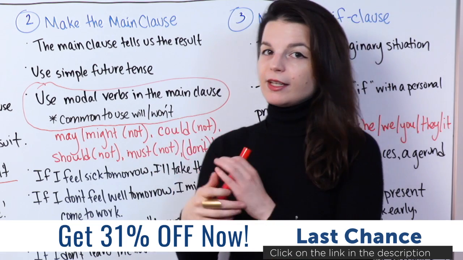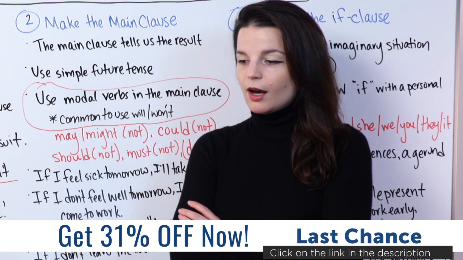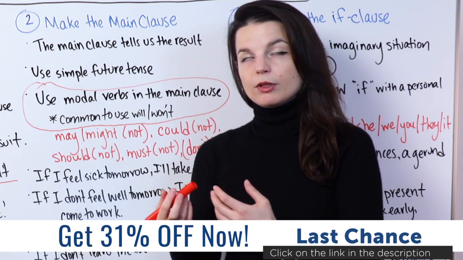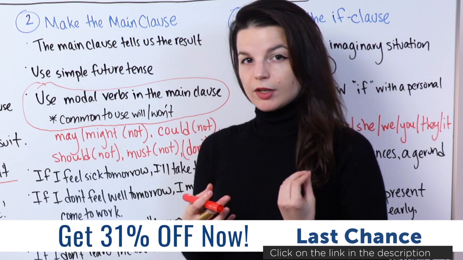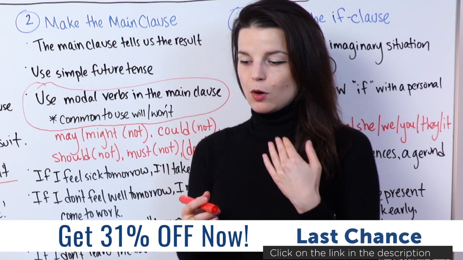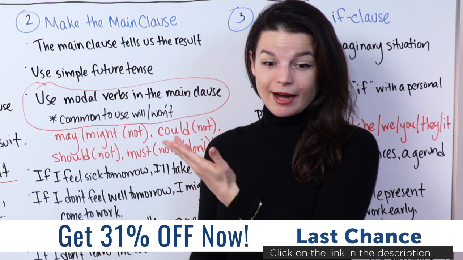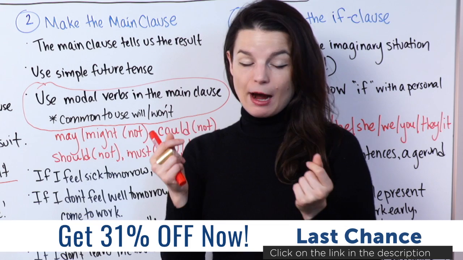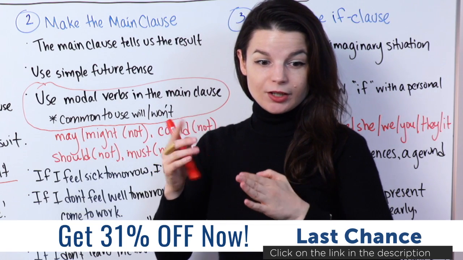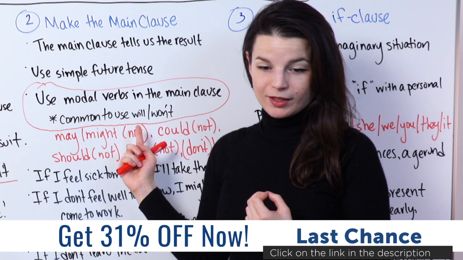The reason for this, if you know the difference between will and going to, is that we use will and won't when we're making decisions in the moment, during the conversation. So when we're talking about the future, imagining the future, it's quite common to make our decision in that moment, in the conversation. So it's natural to use will and won't here.